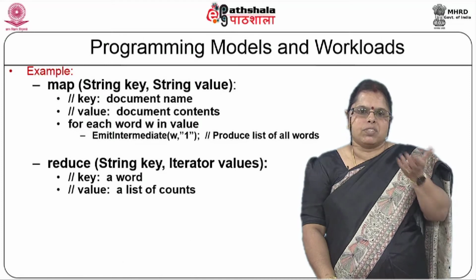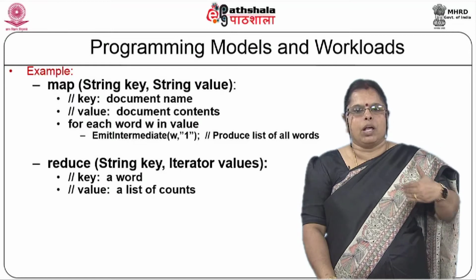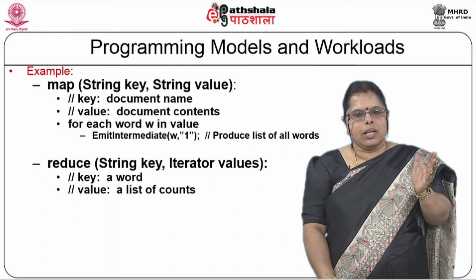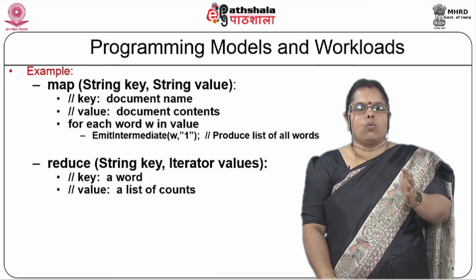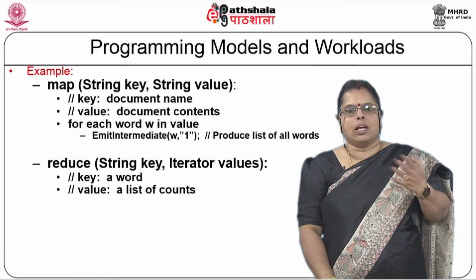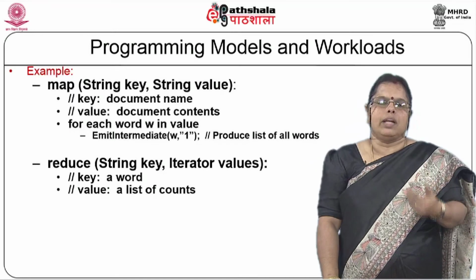For example, if string is your key here, it will try to identify all the key value pairs which have a key of string, and it will aggregate all of them. So, it will say string 1 1 1. Finally, if it occurs 3 times, then it will aggregate it and say string occurs 3 times. So, that is the reducer's job.